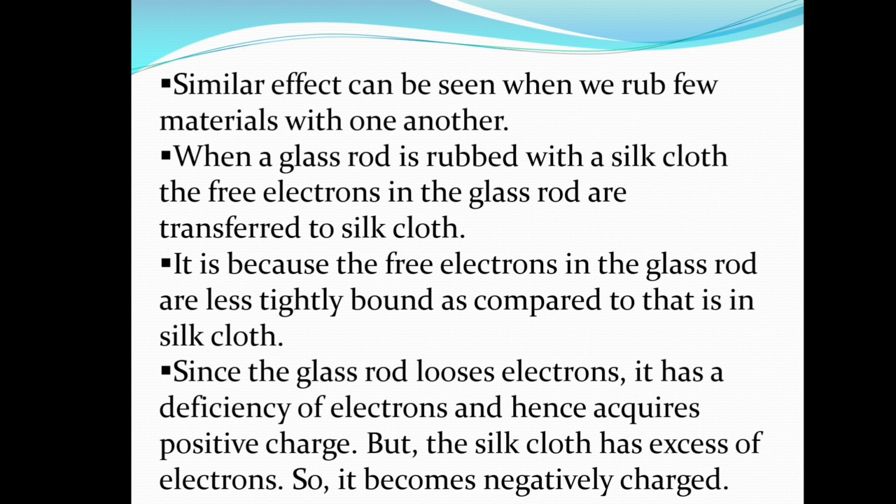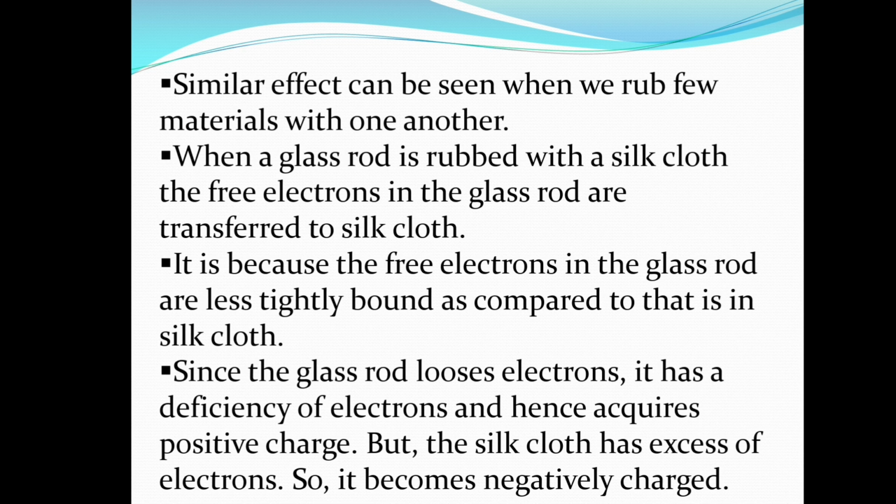So the glass rod will lose electrons. It has a deficiency of electrons, so it acquires the positive charge. But the silk cloth already has an excess of electrons, so it becomes negatively charged.